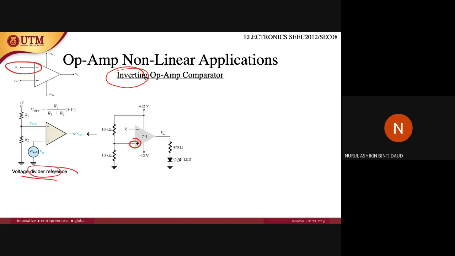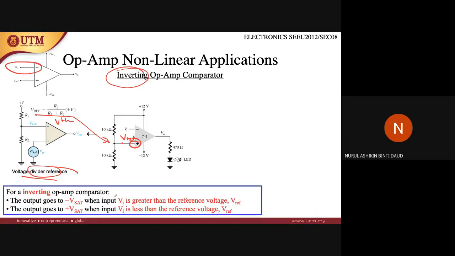So you need to refer to the voltage divider same as before, which is you need to identify the V Thevenin, voltage Thevenin. So it will be the voltage reference here. Okay, so once you get that, if VI input signal is greater than V reference, the output will go to minus V saturation.